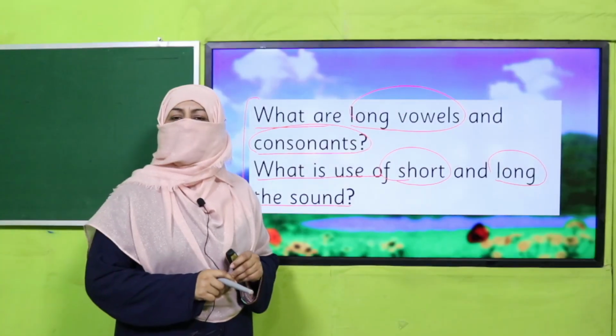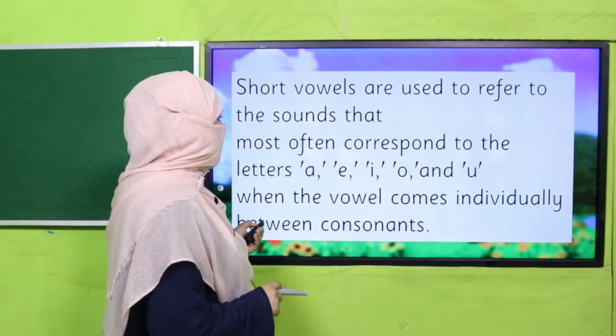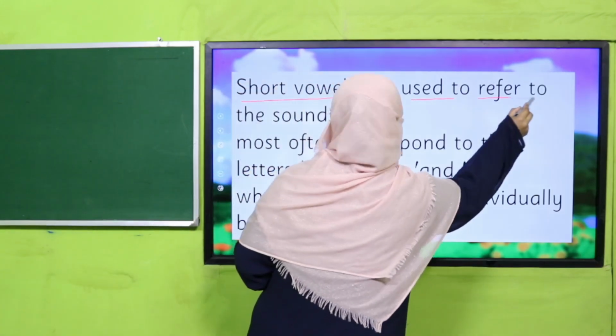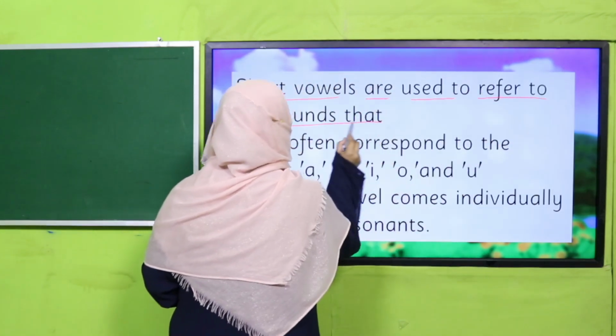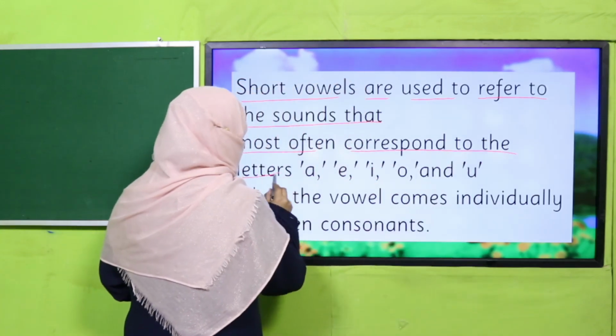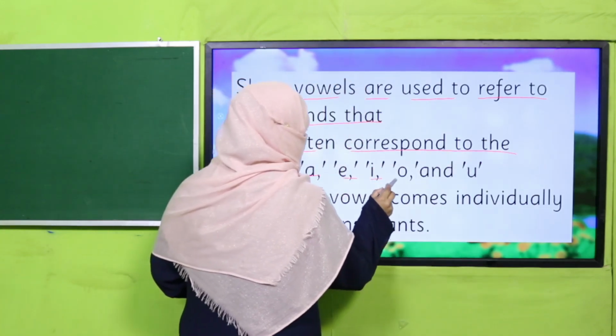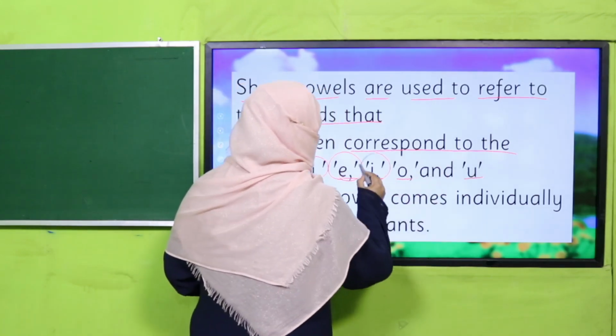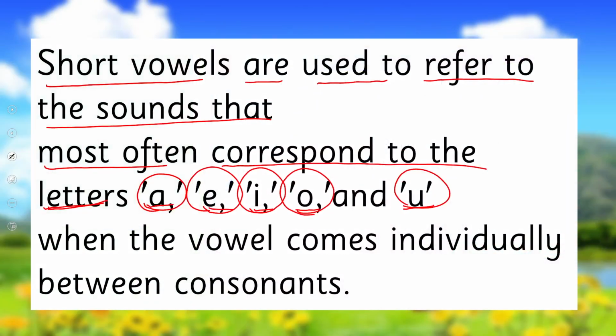Yes, my dear children, I hope you could recall and you remember that short vowels are used to refer to the sound that most often correspond to the letters A, E, I, O, U. We know these 5 are vowels, and the sounds which are related to these letters is short vowel sound, right?